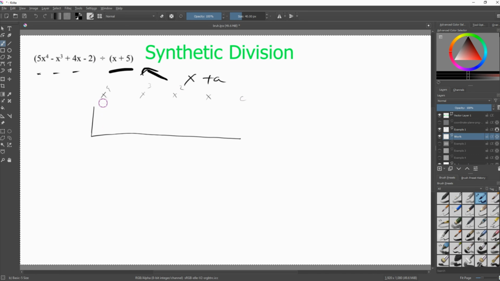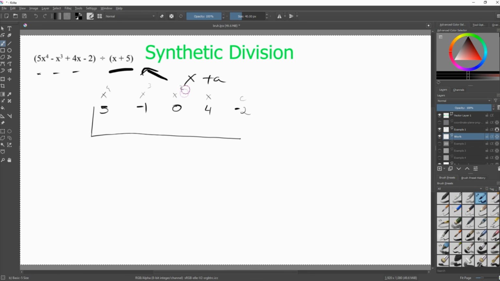So what is the coefficient of x to the fourth? I have a 5. What's the coefficient of x cubed? -1. What's the coefficient of x squared? There is no x squared here, so I have to put a 0. And then what's the coefficient of x? 4. And what's my constant in the back? -2.